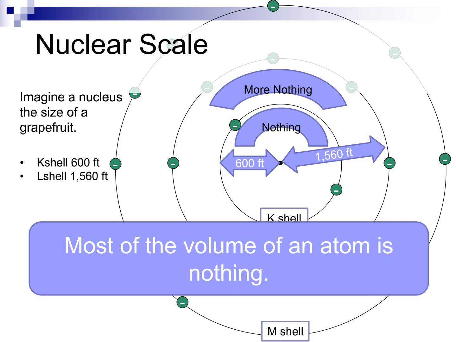You can carry this example to the outer shells, and the inevitable conclusion is that the atom, on a volume basis, is made mostly of nothing. Since patients are made of atoms, and atoms are mostly made of nothing, tissues have a great amount of space that X-rays can use to miss the atoms.